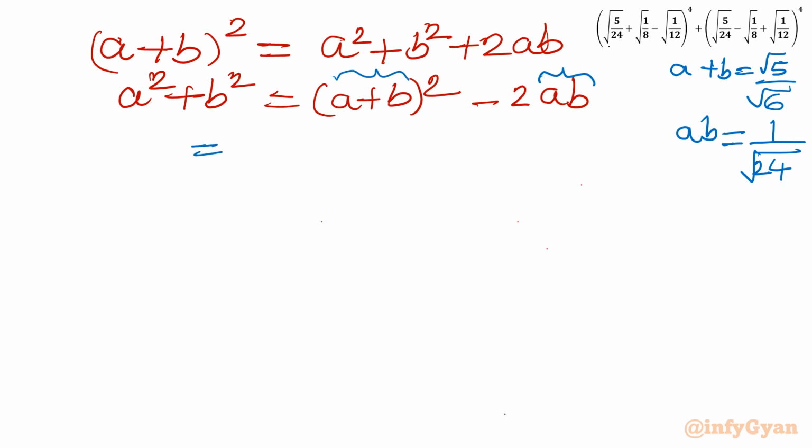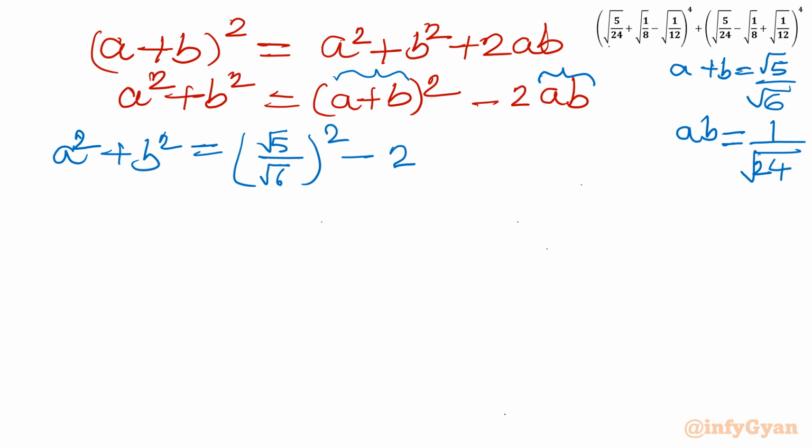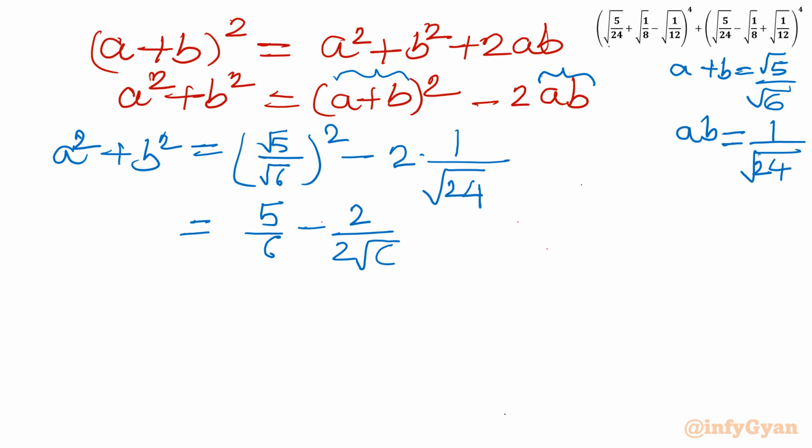So I will write here a square plus b square equal to root 5 over root 6 whole square minus 2 times ab. So I can write 1 over root 24. Now root and square will be over, so it will be 5 over 6. Now here we can write it is 2 over 2 root 6, 24.